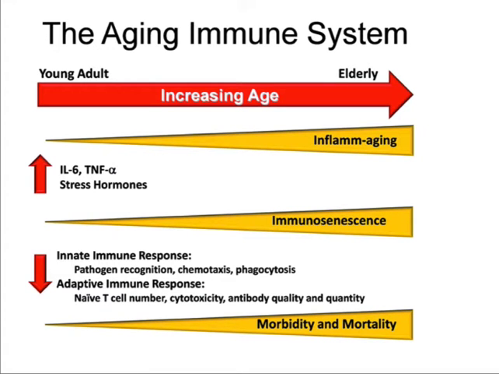Let's talk briefly about host defense and the complex immune disturbances with aging. These changes have been termed immunosenescence or inflammaging. There is an increase in general inflammation reflected in enhanced pro-inflammatory cytokine production, inflammatory cell influx into tissues, and increased antibody production.